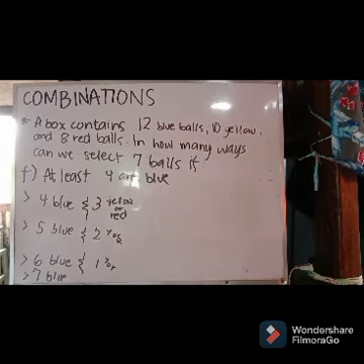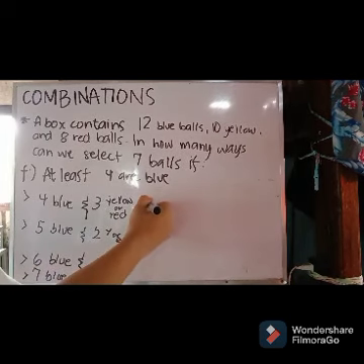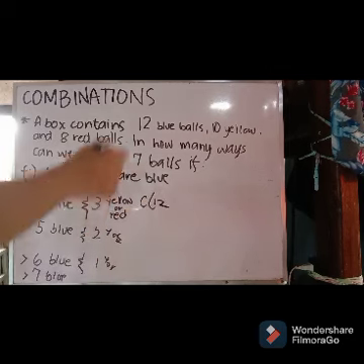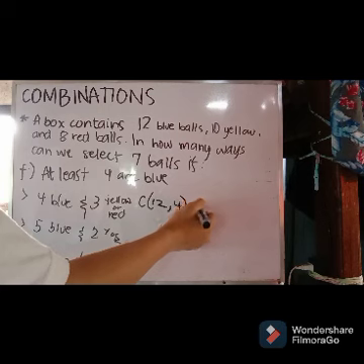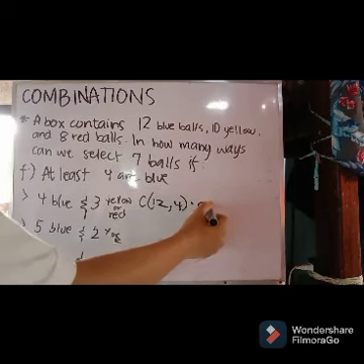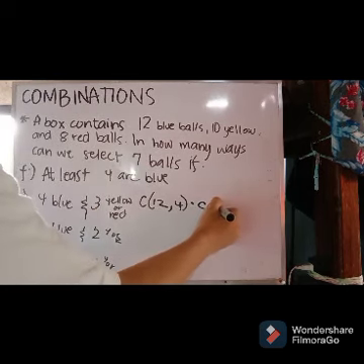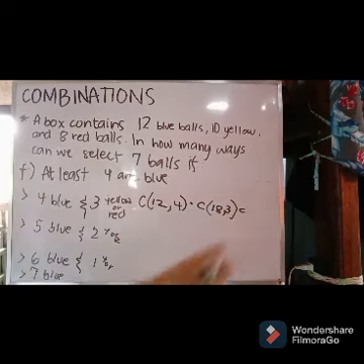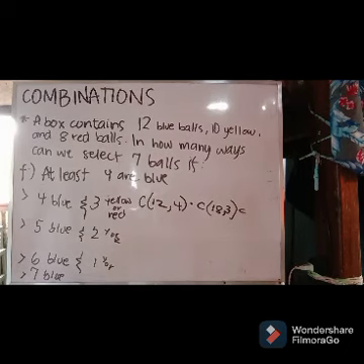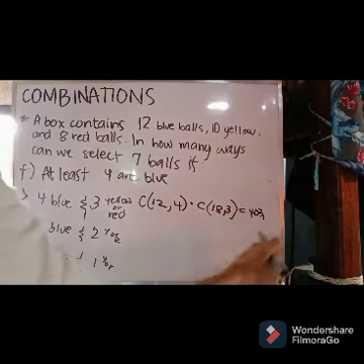Now, for the 4 blue and 3 yellow or red, it is combination of 12, because there are 12 blue, taken 4, multiplied by the combination of the combined yellow or red, 10 and 8, which is 18, combination of 18 taken 3, equal to 403,920.